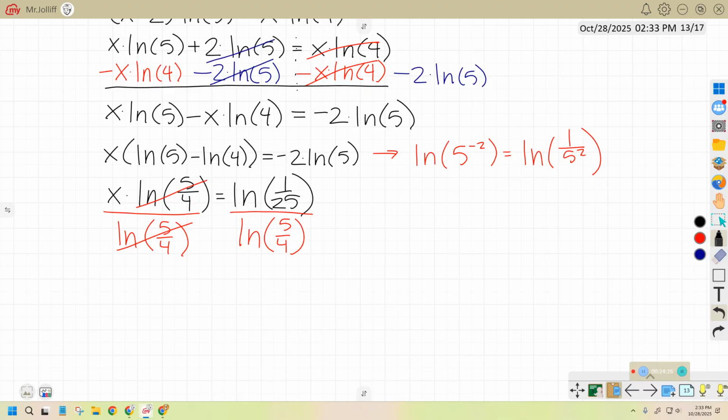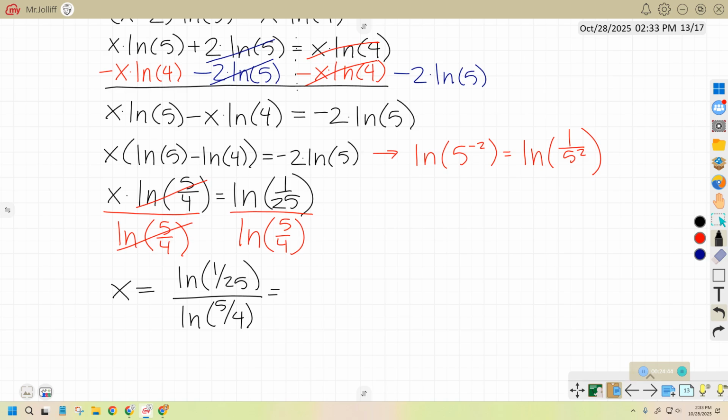That's why we baby step, right? That's why we learn linear equations first and then quadratics, and we baby step our way up. So x is just natural log of 1 over 25 divided by natural log of 5 over 4.